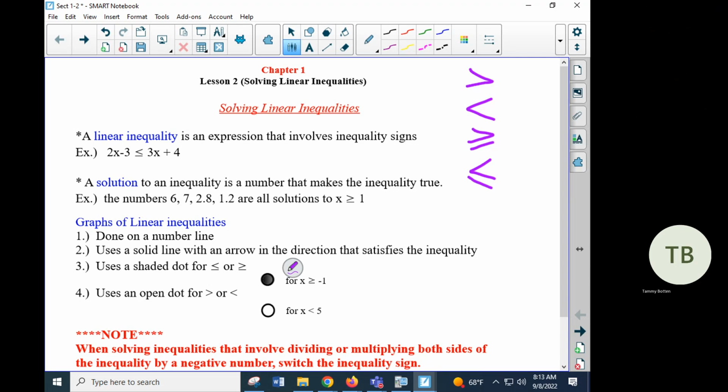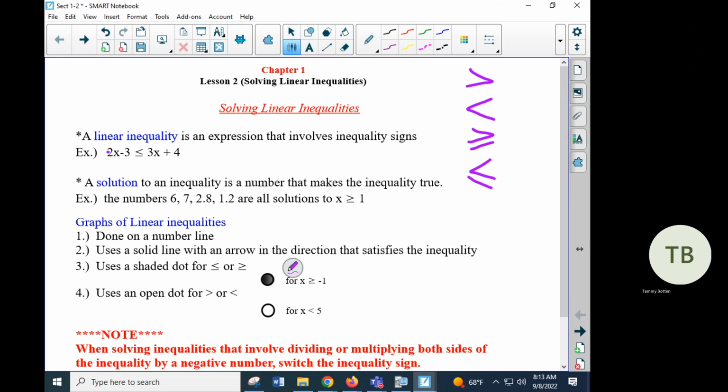And really, when I do these, I solve them just like I would an equation, except there's two things you have to remember.